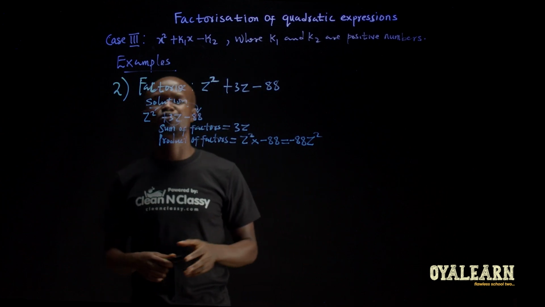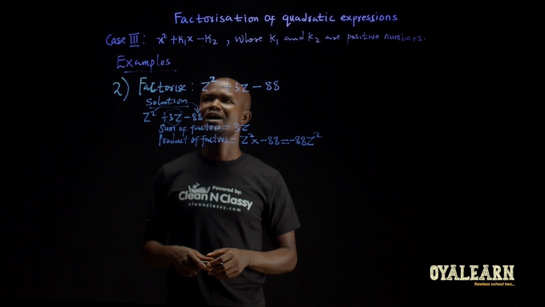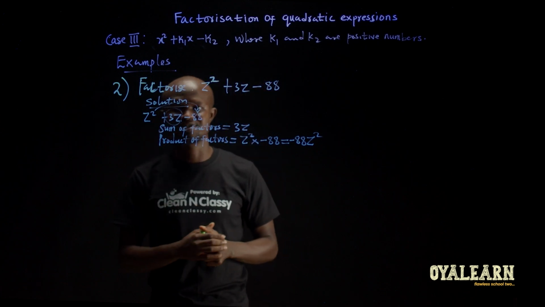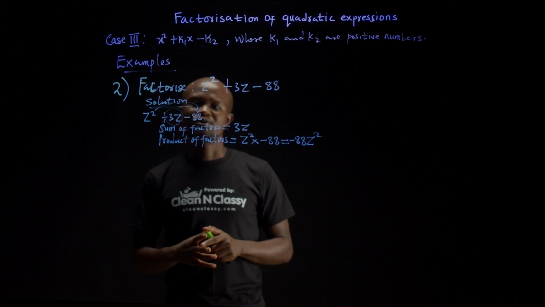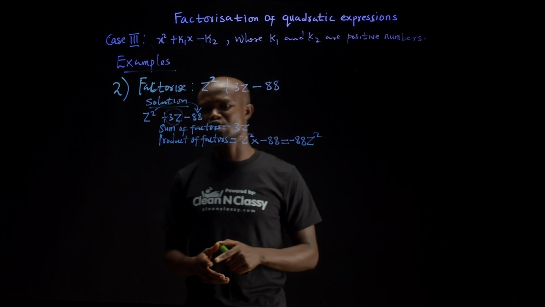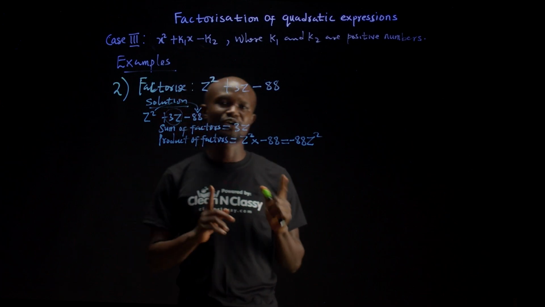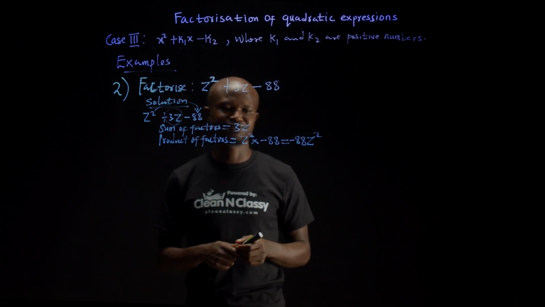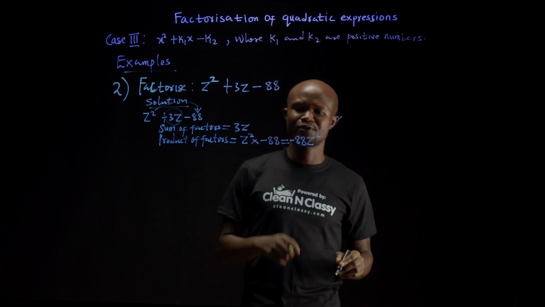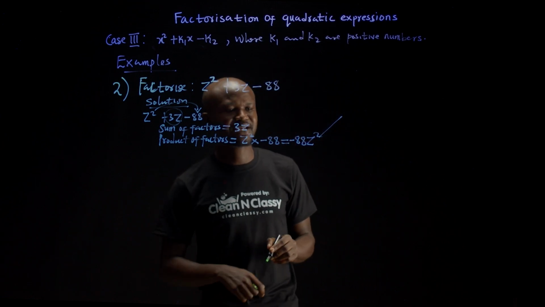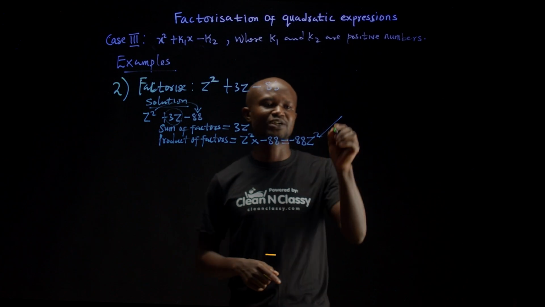The next thing for us to do is to determine the factors. And don't forget, we are considering case 3. Under this case 3, one of the factors must be positive, while the other factor must be negative. So now, let's start. For minus 88, what are the possible values?